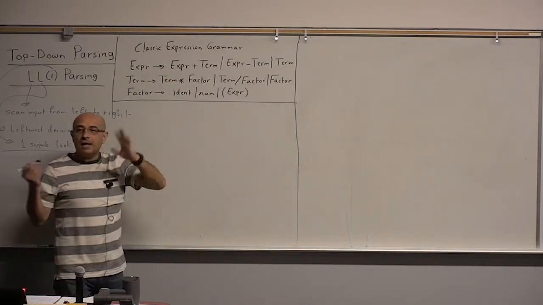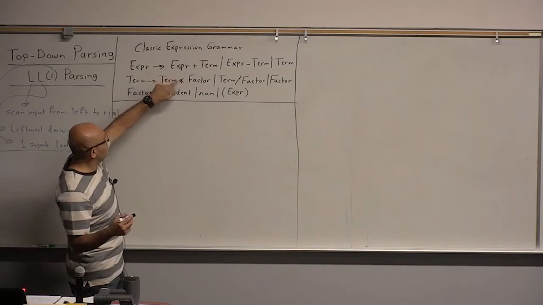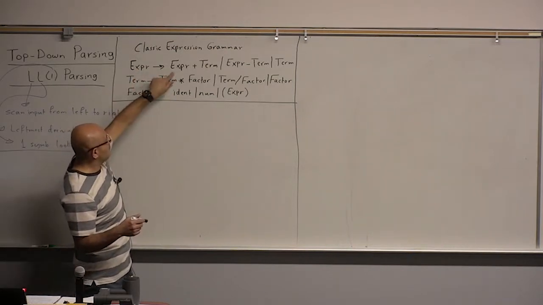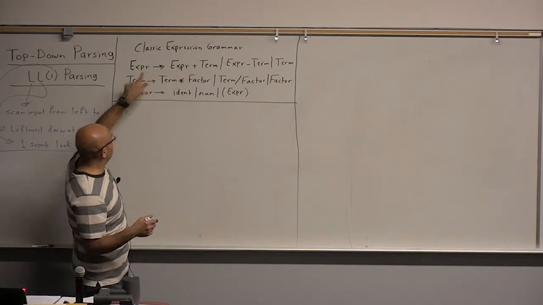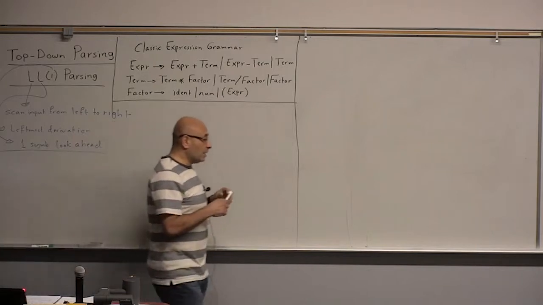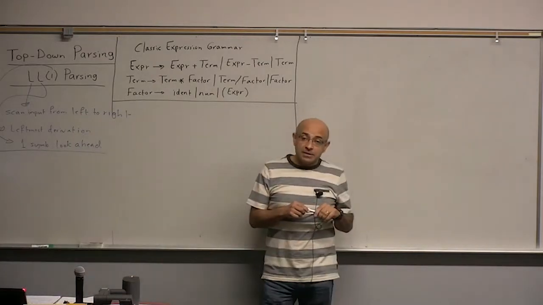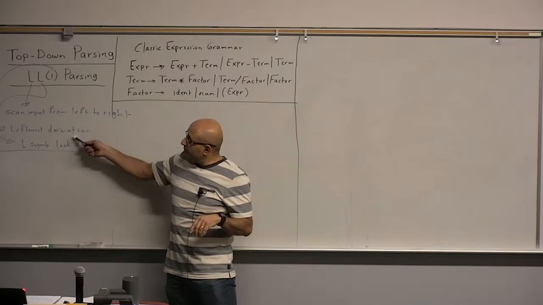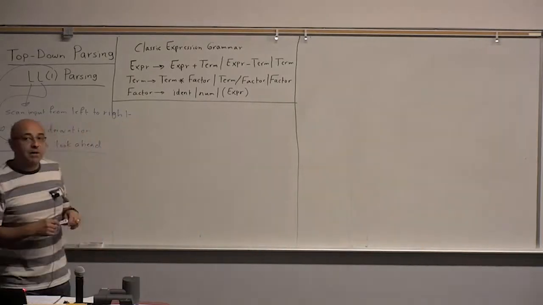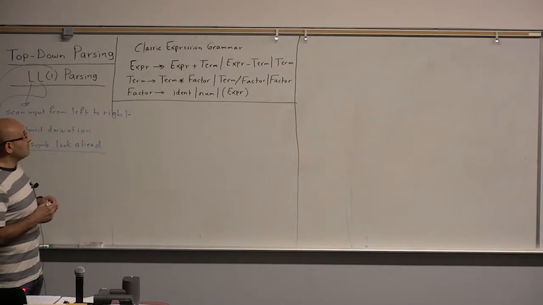It will go into an infinite loop if it keeps systematically substituting this for this. So that's why left recursion will cause a problem to a parser if it's based on leftmost derivation.